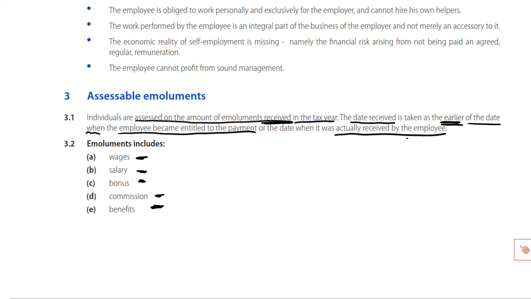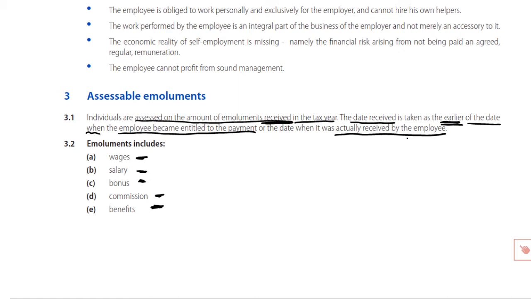So employment income, our emoluments, covers a whole range of things, not just cash. Whether the cash is in terms of wages, salary, bonus or commission, where again the date became entitled, or when you actually received it, whichever is earlier, is the date to be used in allocating to a tax year, but also benefits.